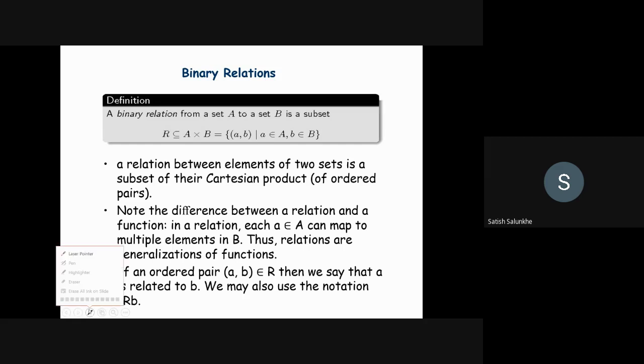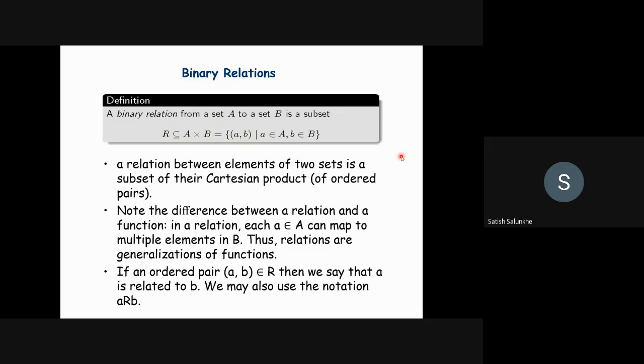Okay. So a binary relation from set A to set B is a subset. Means what? Relation R is basically a subset of A cross B. You have already seen what A cross B is. It is the ordered pairs (a, b), such that a belongs to set A and b belongs to set B. So you have all possible ordered pairs (a, b).